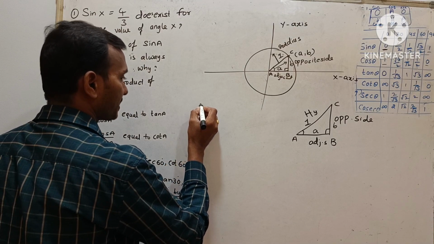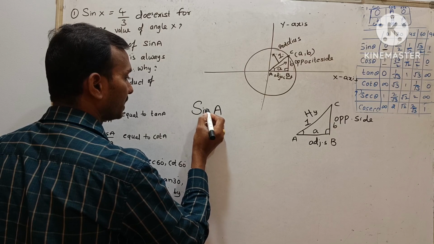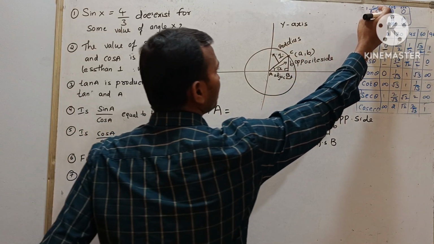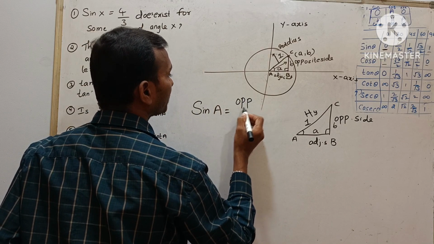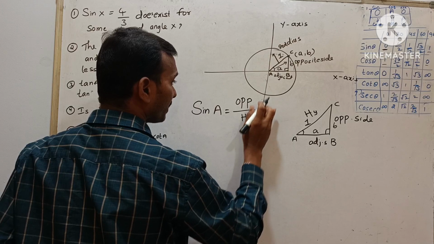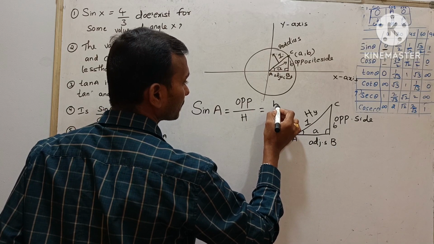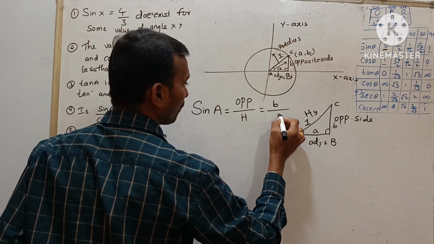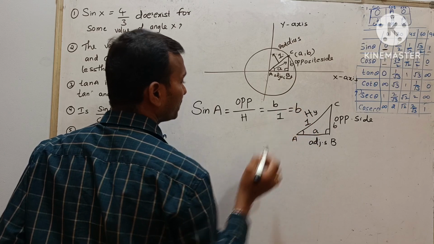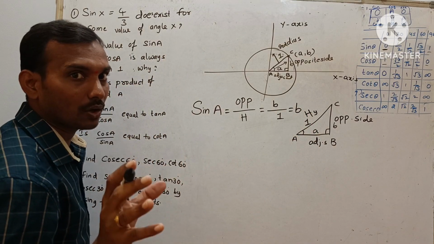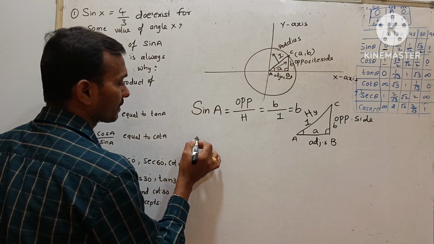From this we write sine A. We know that sine is opposite by hypotenuse. From this triangle, the opposite side is b and the hypotenuse is 1, so b by 1 is nothing but b. From this we understand that the y coordinate will give you sine values.